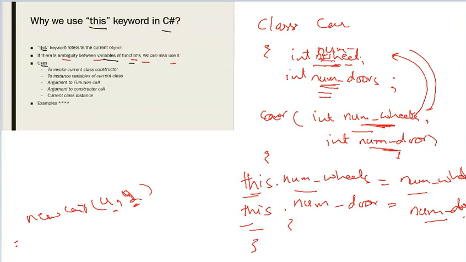Let me explain the other use. Let me explain how you can use this keyword with constructors. Let's say you don't have only one constructor, but another constructor of the same class Car, which is a default constructor, of course, with no arguments and empty parentheses. And you want to call this default constructor, or constructor with no parameters, in this overloaded constructor, or constructor with arguments.